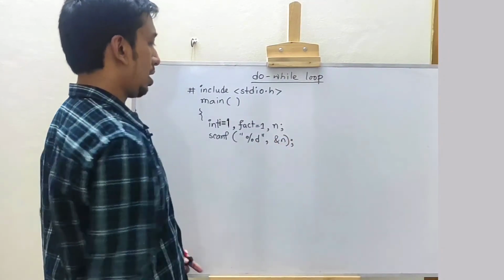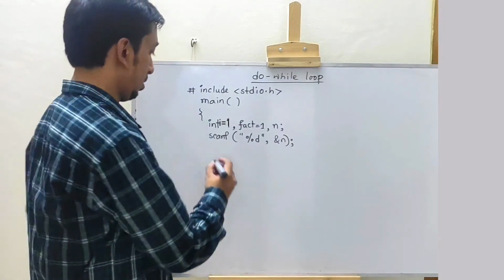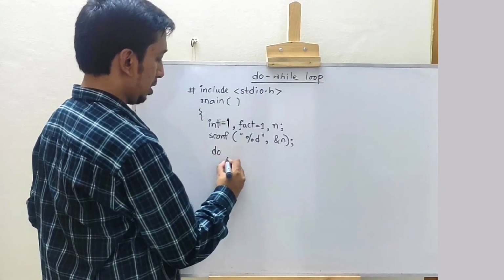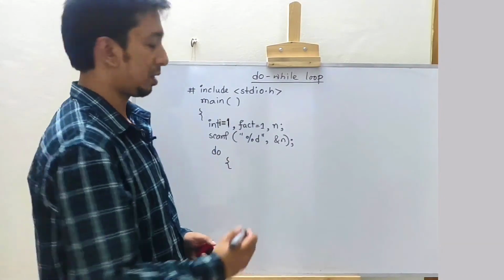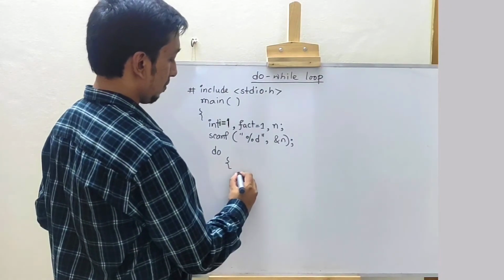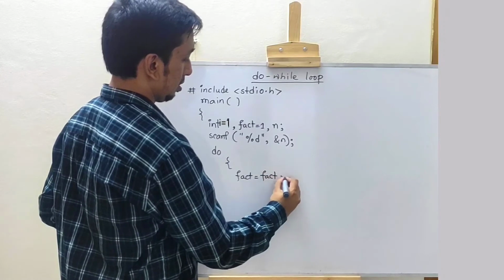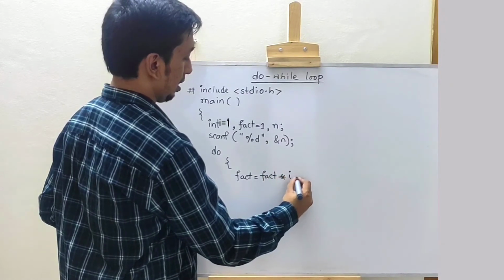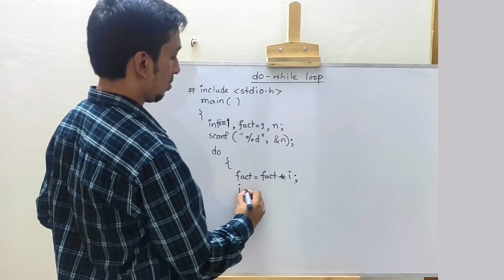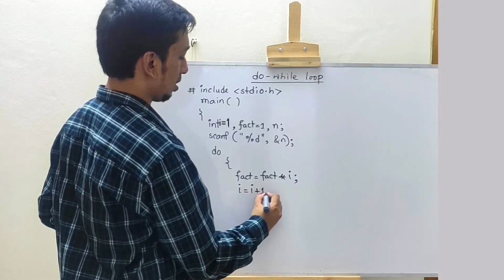Now we have to use the do while loop. Here write do, and then you have to write the statement. Our statement is fact is equal to fact into I, and here increment I is equal to I plus 1.